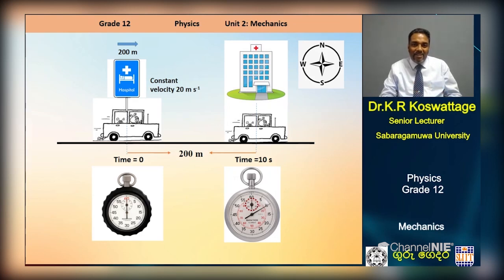There are 5 kinematics equations, such as v = u + at, s = ut + (1/2)at². So there are 5 equations.